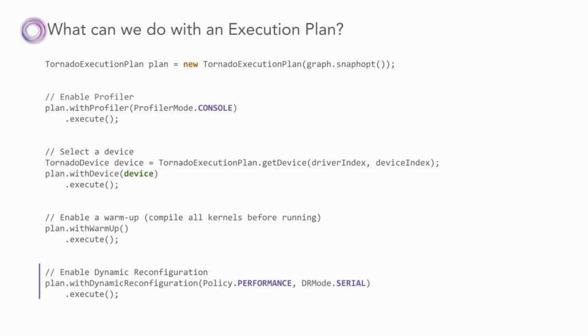Why? Because consider that the multi-core CPU is also an accelerator. Tornado also supports a parallel evaluation mode. What happens is that Tornado will spawn a set of Java threads.